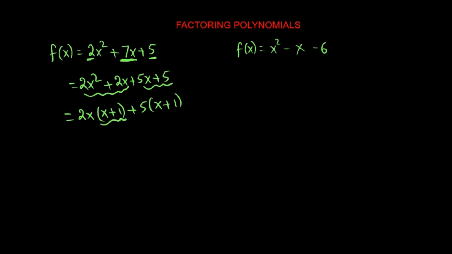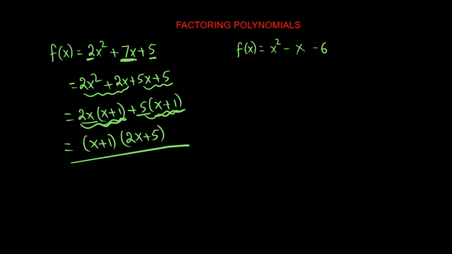Now x plus 1 is a common factor between the first and the second term. So that common factor can be written out, and 2x plus 5 will be written together. The function f(x) has now been factored.